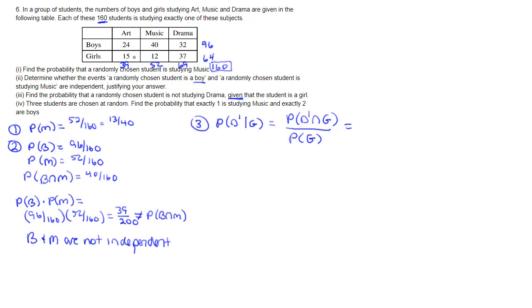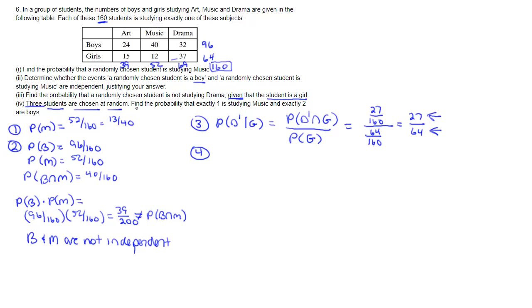No, that's going to be 27. 27 out of the 160. And then I've got to find the probability of being a girl. Well, that's 64 out of 160, giving me 27 over 64. Now, you don't have to use a formula. When you're given a table like this, you can just say, hey, here are the girls. I'm only going to look at the girls. So that's going to be 27 out of 64.